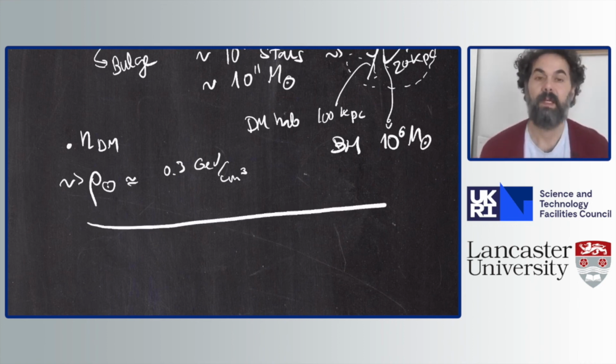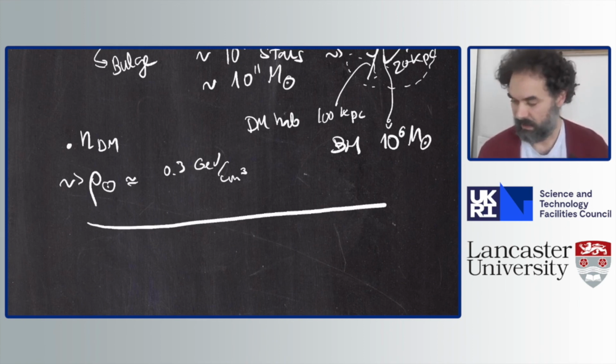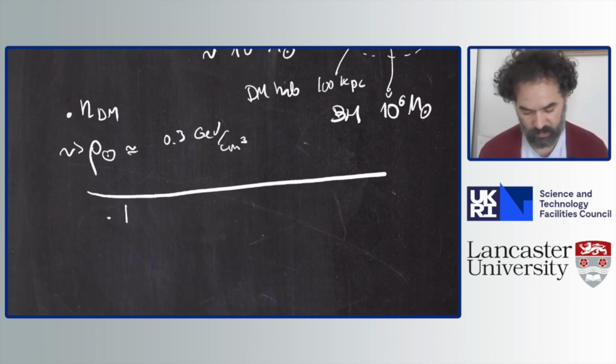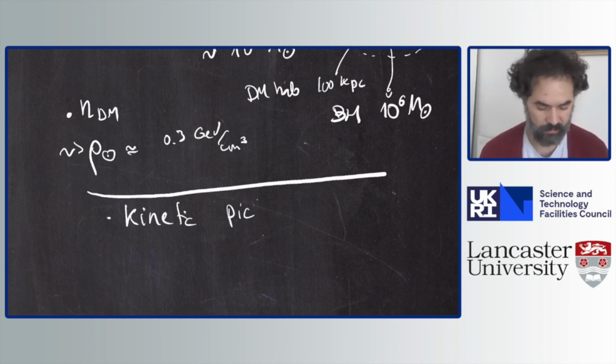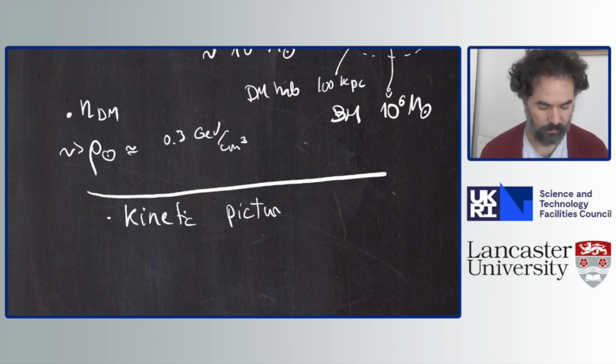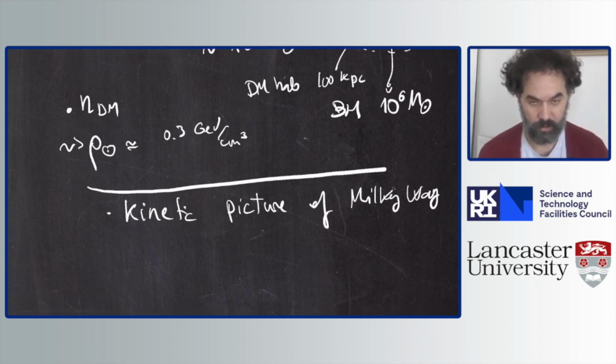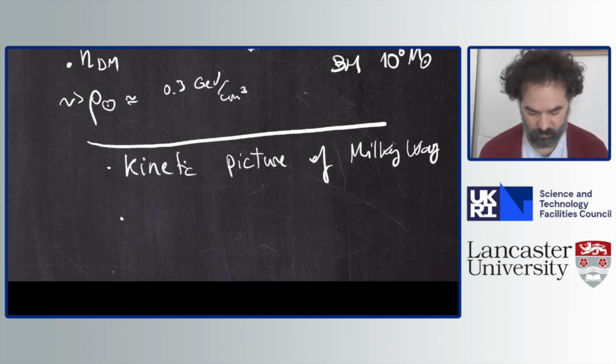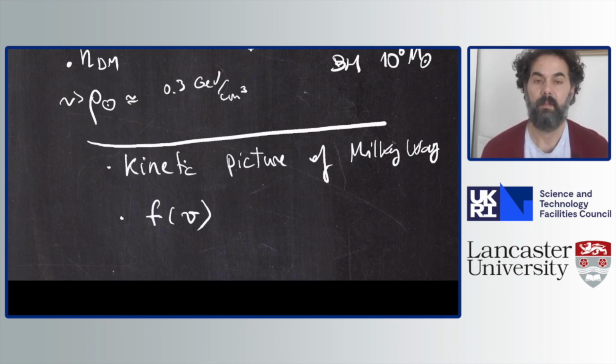I'm going to make now a small digression to explore the kinetic picture of the Milky Way. In other words, what is the probability distribution of different velocity states in different places of the Milky Way?